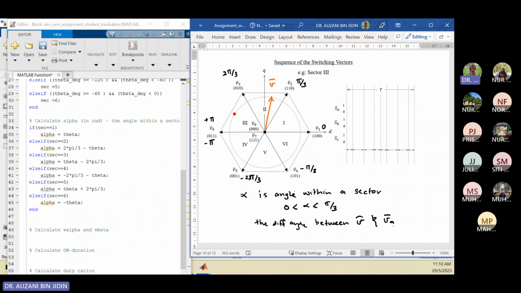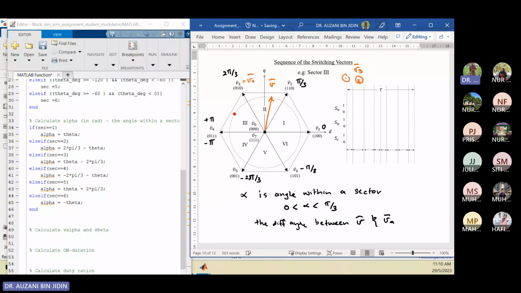The first adjacent vector to be selected in the sampling method, in interval number 2. For interval number 1, for any sector, the first vector to be selected is V0, where the state is 0, 0, 0. Then the first adjacent vector in interval number 2 is V3, so V3 is VA.